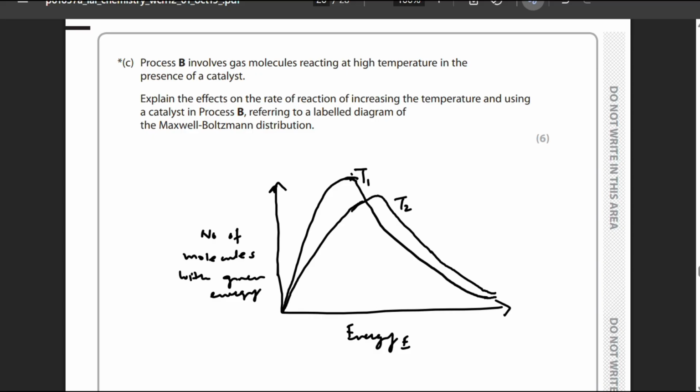T1 is higher than T2, so this is the activation energy.